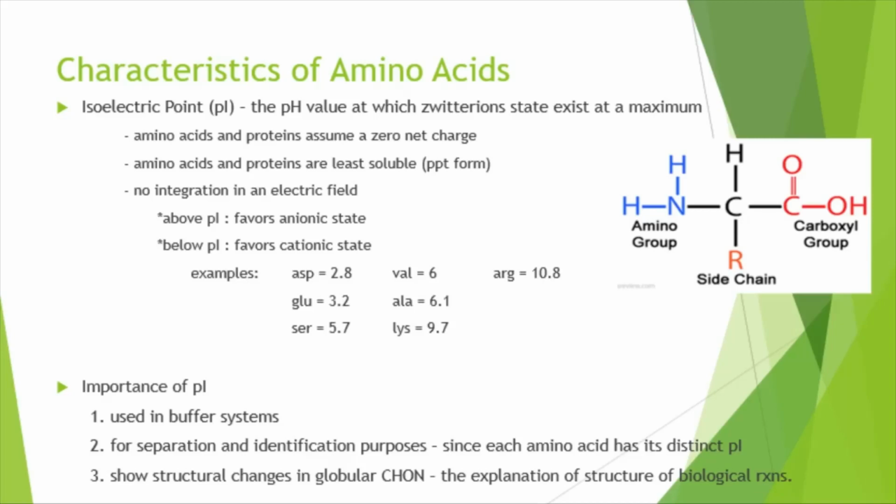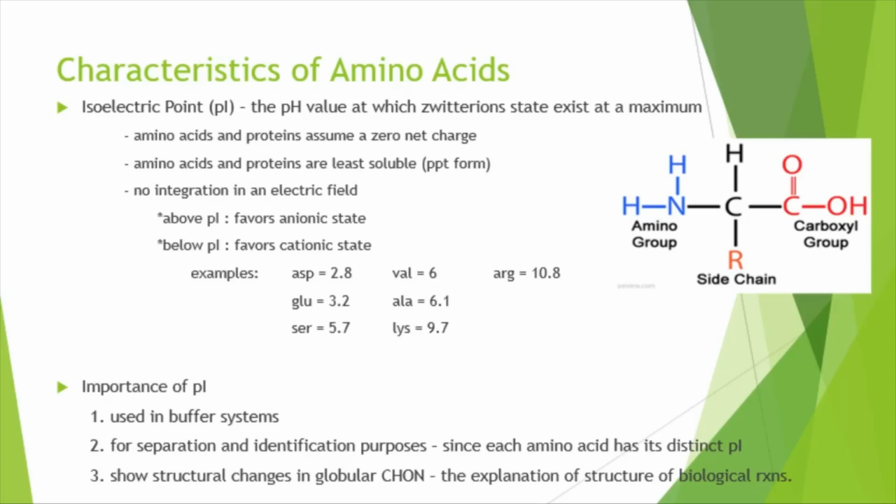Amino acids and proteins are least soluble, meaning your amino acids form precipitates when subjected to acids, or to high or low pH. There is no migration in the electric field because they don't have charges. They are neutral already.